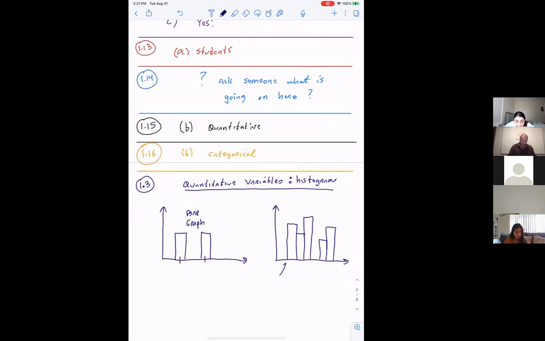And what you're going to have is something like 10, let's do it like this. Let's say you have something like 10 to 20 to 30, 40, 50, 60, 70. So what the histogram represents is still going to be frequency or percentage on the y-axis. That part hasn't changed.